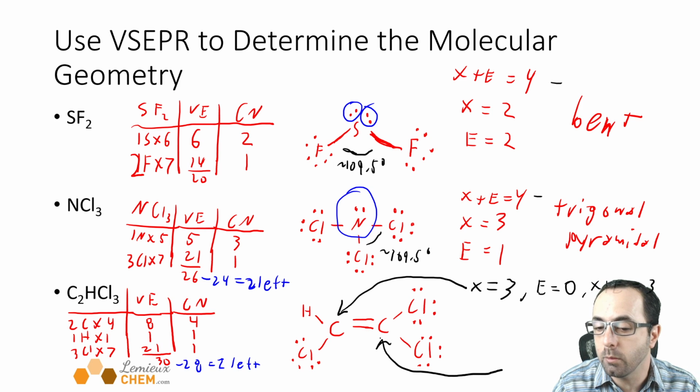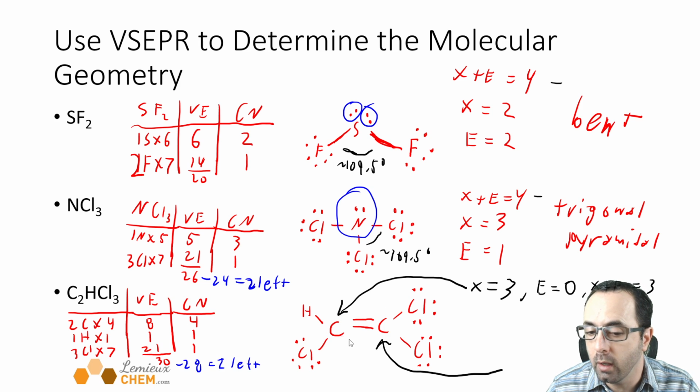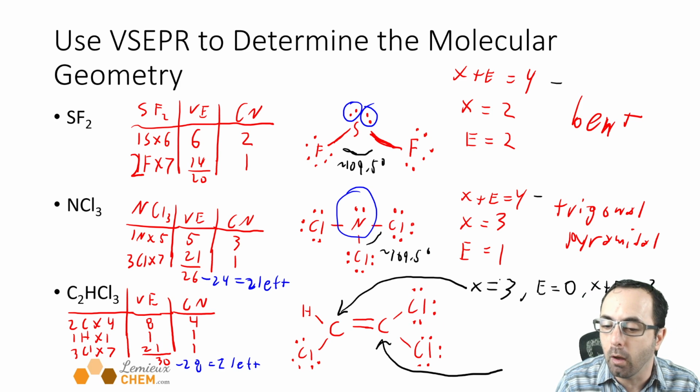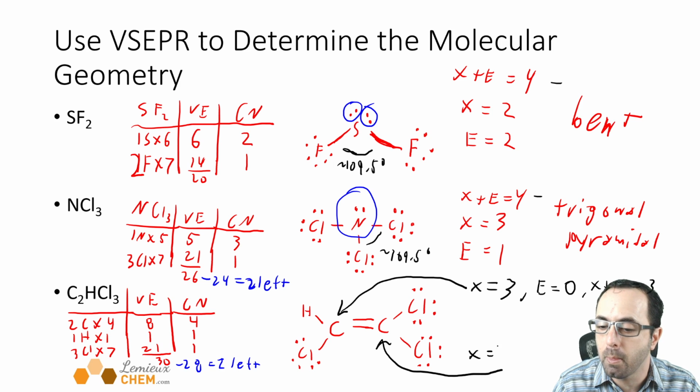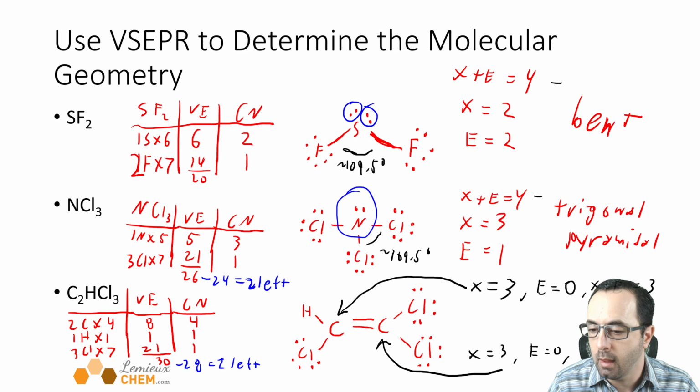The number of atoms bonded to this carbon is 1 carbon here, 2 chlorines, 3. There are 3 atoms bonded to this other carbon. The number of lone pairs on that carbon is 0. And X plus E equals 3.